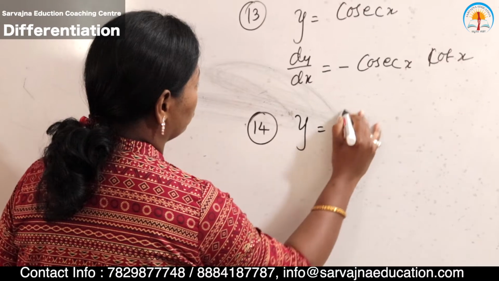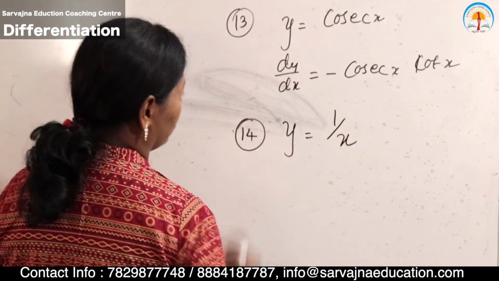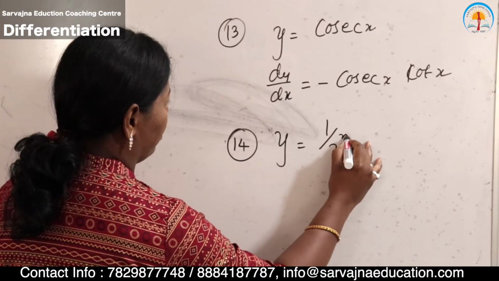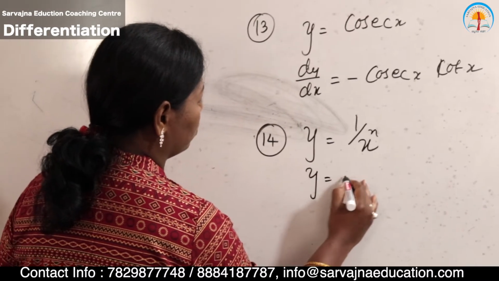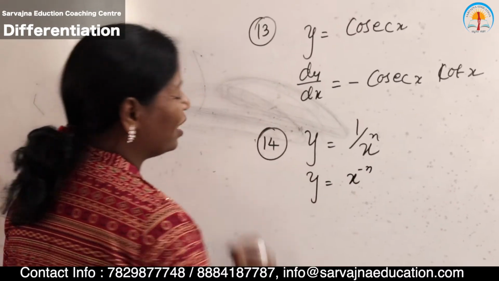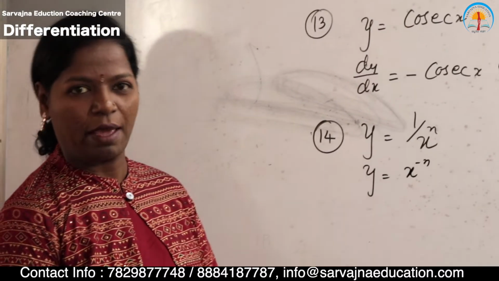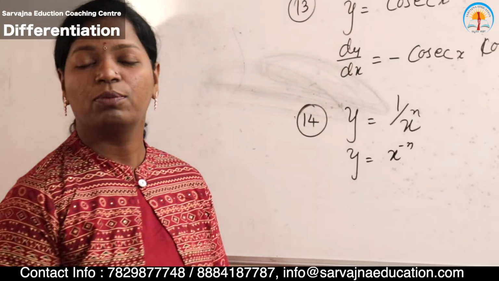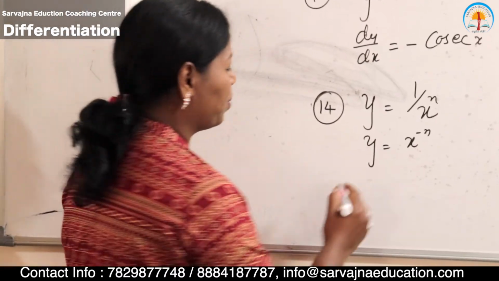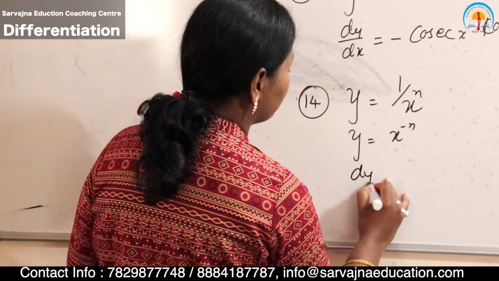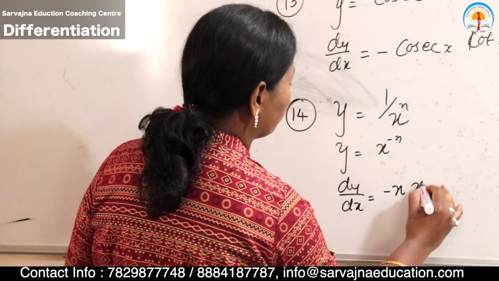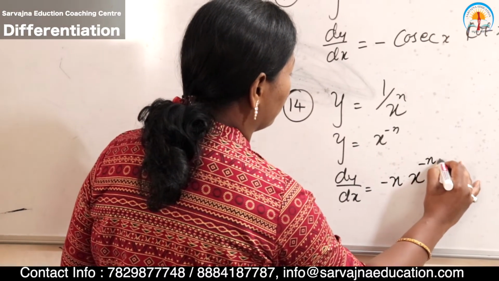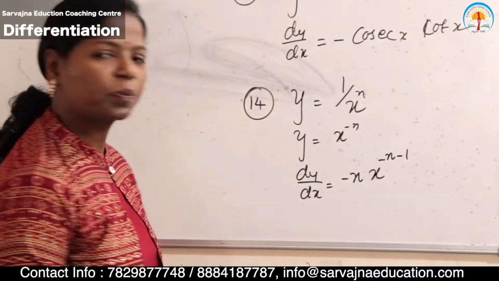y is equal to 1 by x to the power of n. So we have to rewrite this as y is equal to x to the power of minus n. It looks like x to the power of n, so I have to put the same formula. dy by dx is equal to minus n x to the power of minus n minus 1.